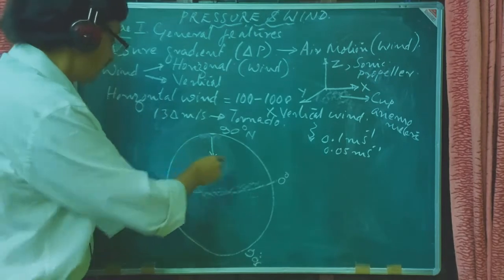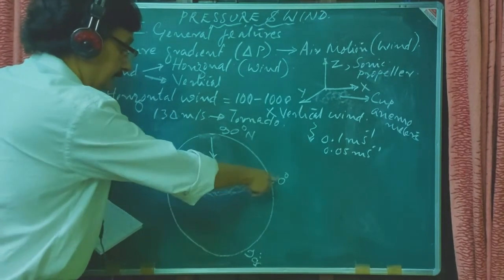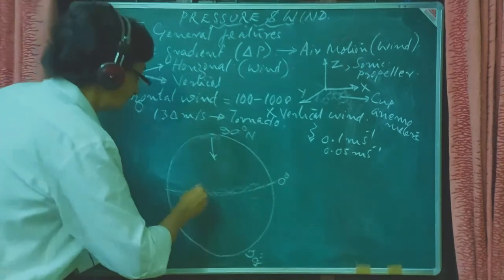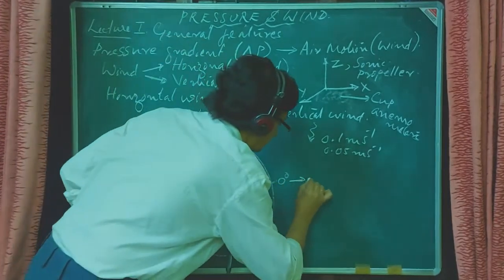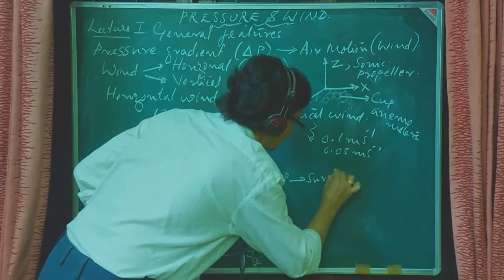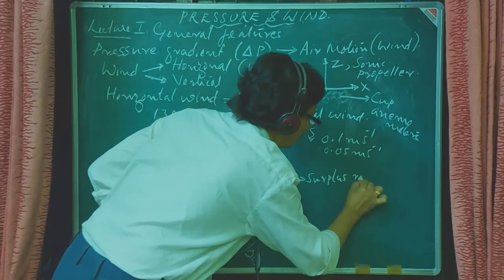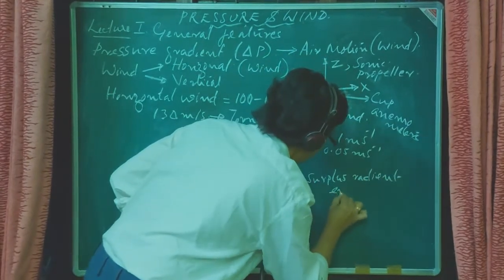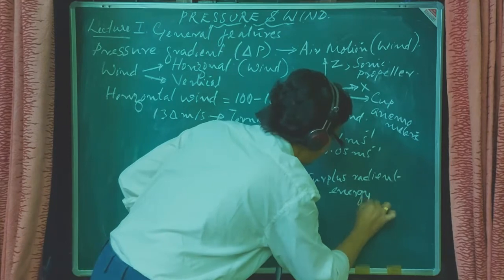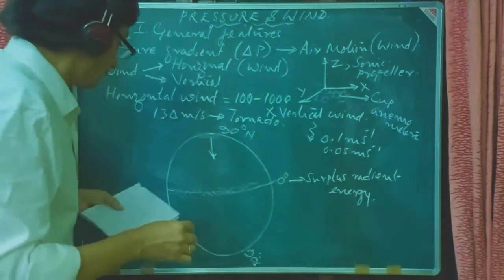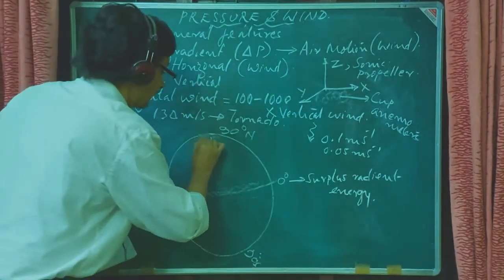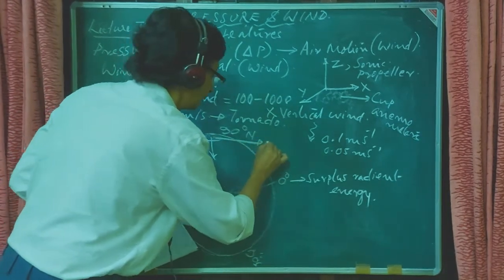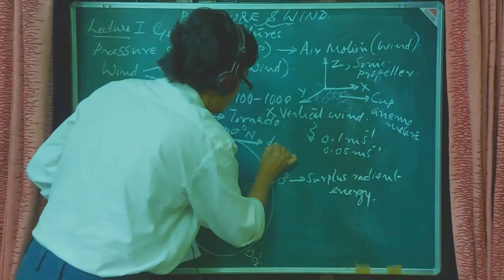The near equator or low latitudes have surplus radiant energy, while the polar regions are characterized by a deficit of radiant energy.